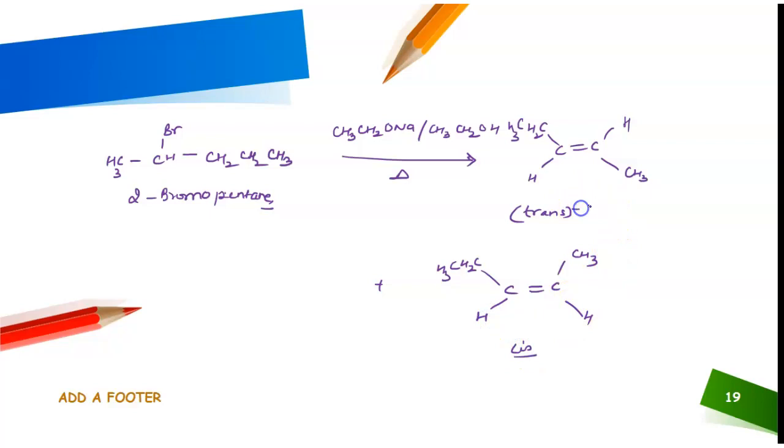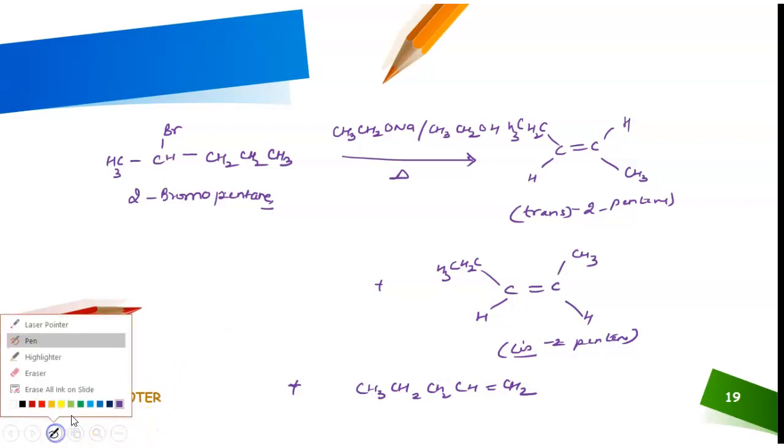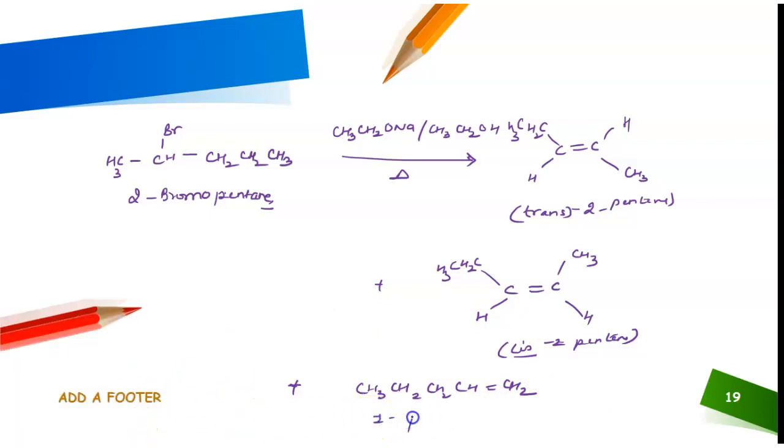This is your trans 2-pentene. This is your cis 2-pentene. And another product is your CH3 CH2 CH2 CH double bond CH2. Now over here you can see the last one is your 1-pentene, the name of this particular alkene.